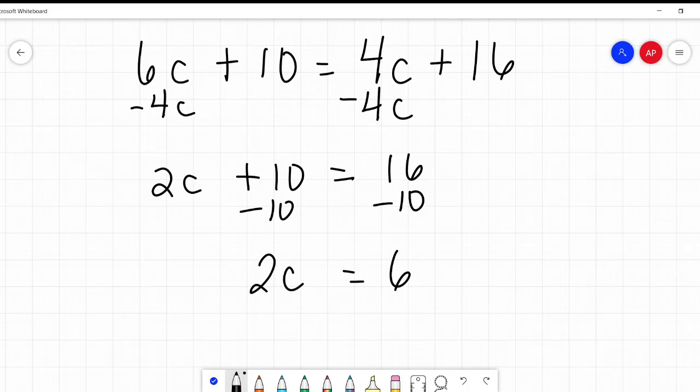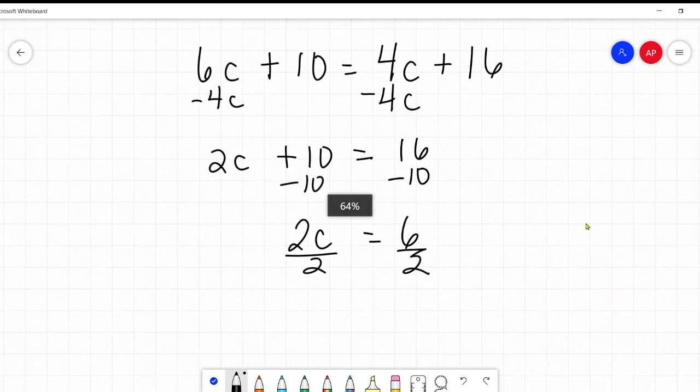Okay, so now I have the variables on one side, I have the numbers on the right. So it's 2 times c. If I want c by itself, I need to undo what's been done to it. So c has been multiplied by 2. The opposite of multiplication is division. So I'm going to divide by 2. That undoes it.